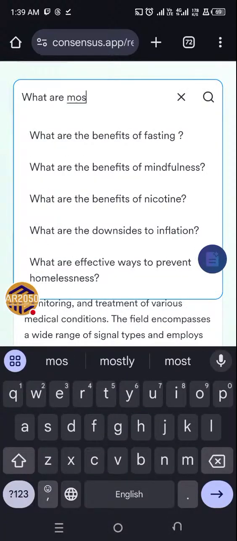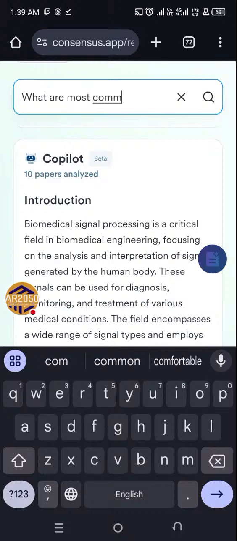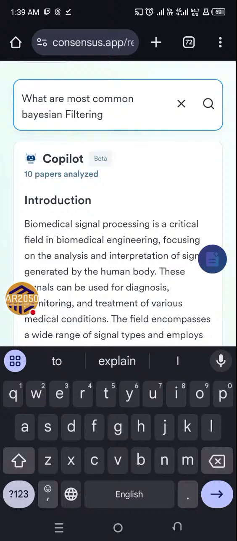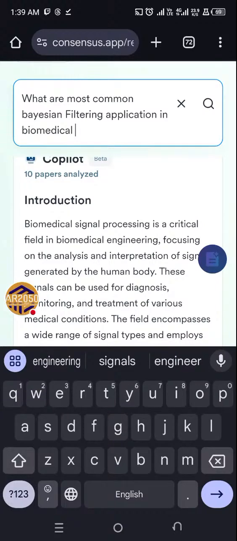What are the most common Bayesian filtering applications in biomedical engineering?